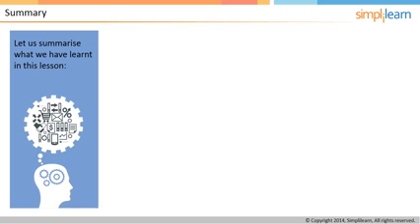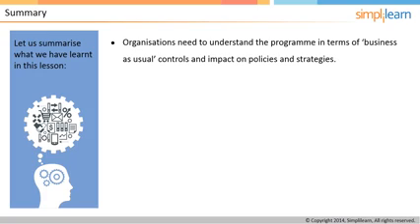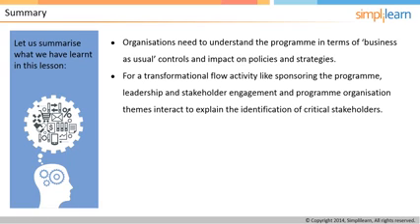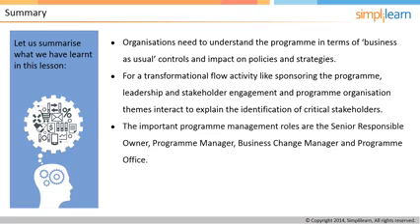Let us summarize what we have learned in this lesson. Organizations need to understand the program in terms of business-as-usual controls and impact on policies and strategies. For a transformational flow activity like sponsoring the program, leadership and stakeholder engagement and program organization themes interact to explain the identification of critical stakeholders.